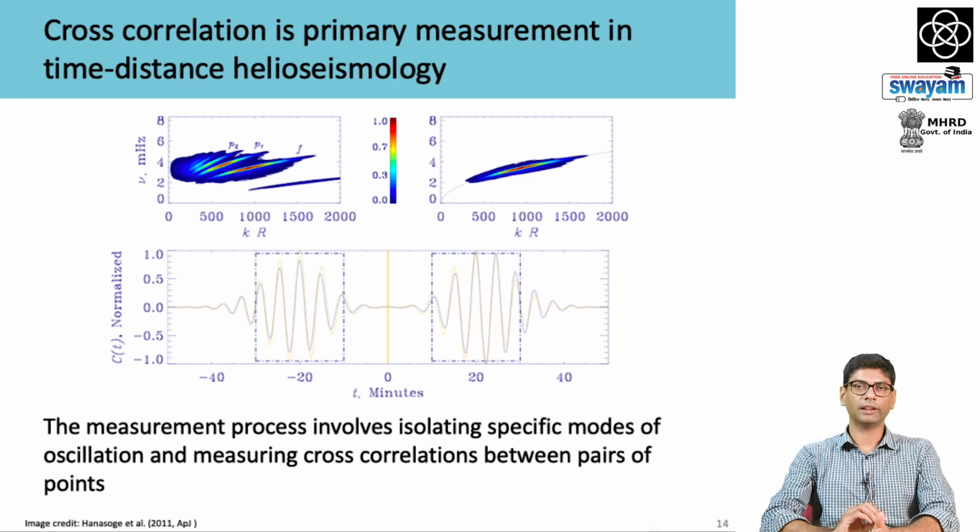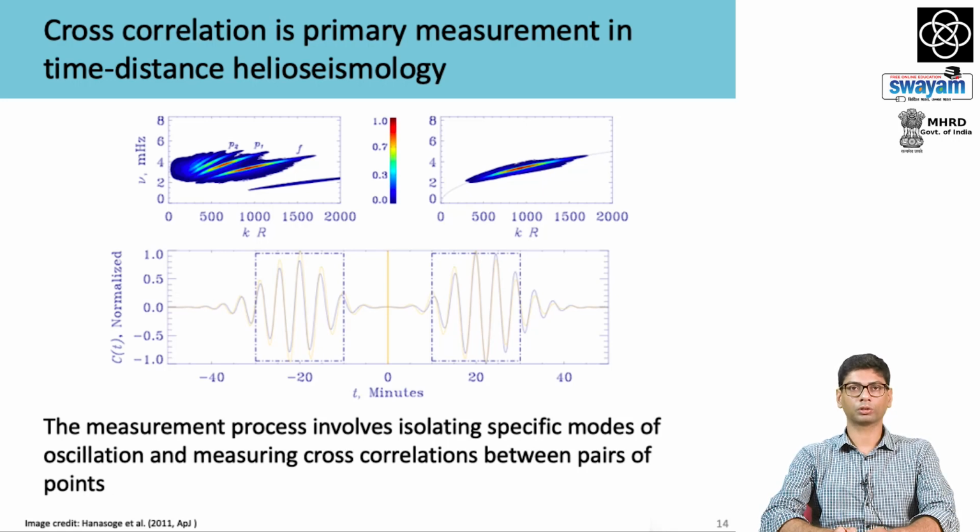Once you isolate that mode, which is done by taking the data set that you have and applying a spatiotemporal filter to it, all done in frequency domain, then you come back into the temporal domain, and then you can perform a cross correlation. And so this is between 2 points.